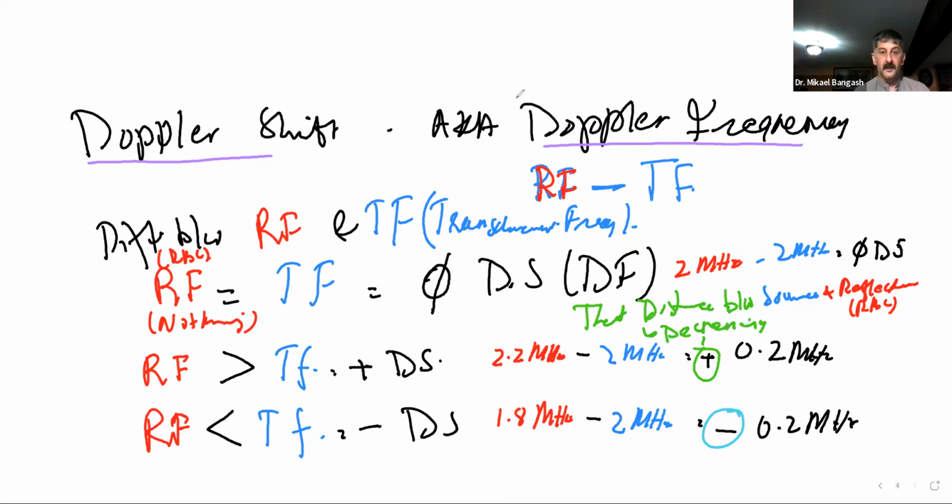So when the distance between two things decreases, what does that mean? That they are moving closer to one another, right?